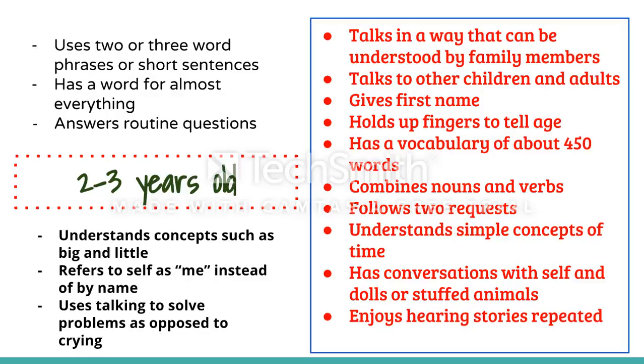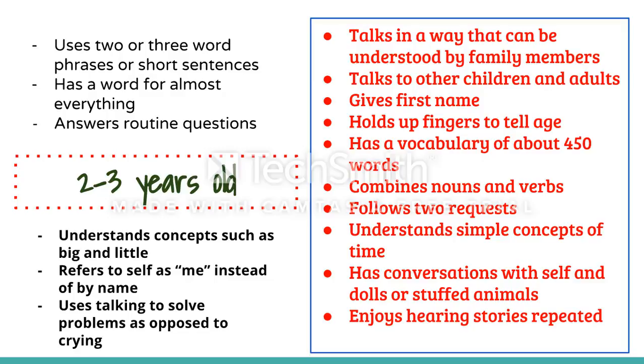They will refer to themselves as me instead of calling themselves by their name. And then they're also beginning to use words and talk more to tell you when something's wrong and to solve problems instead of just crying.